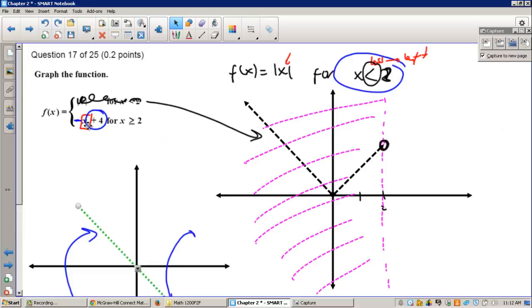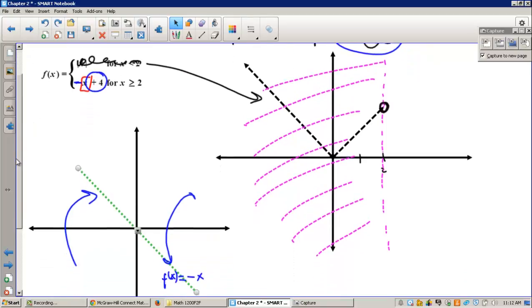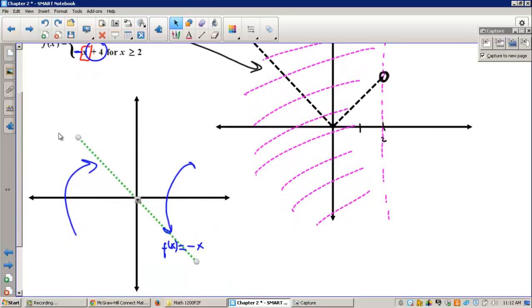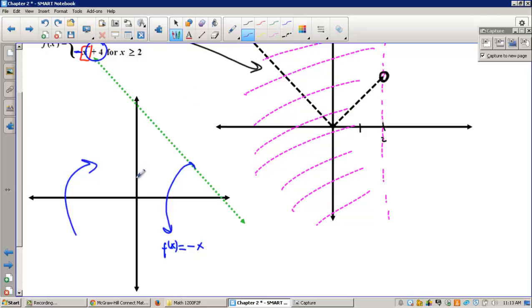I don't care that you have minus x in front. You're still adding to it. That means you're moving the y values further north, bigger values. So I will go 1, 2, 3, 4 up. Move this 4 up. But maybe more. Okay. Let's mark it. 1, 2, 3, 4.